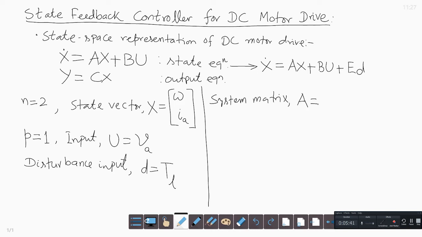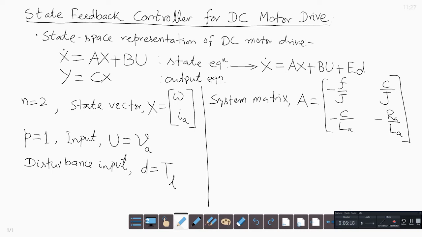The system matrix A is, as we have derived earlier, with the first row and first column removed, corresponding to rotor position. So system matrix A is minus F by J and torque constant C by J, and minus torque constant C by La and minus armature resistance Ra by La.